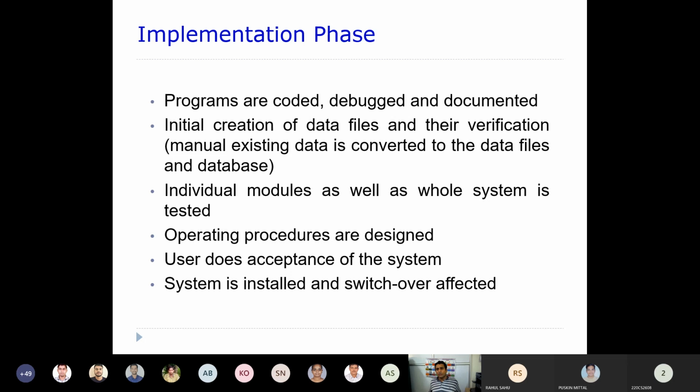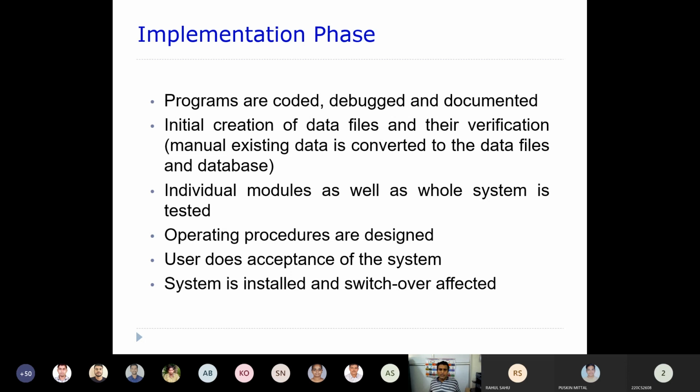So how are you going to code it? Once your design is ready, the programs are coded, debugged, and documented. That means it needs to be implemented or coded using some programming language. If any bugs are there, those bugs need to be corrected, I mean debugged, and then finally you need to document them.